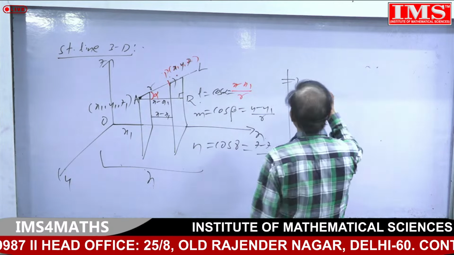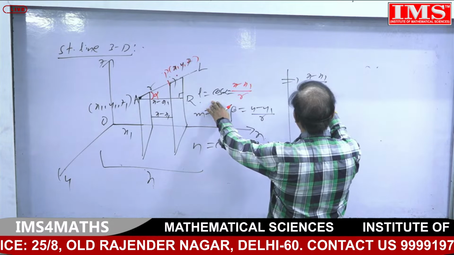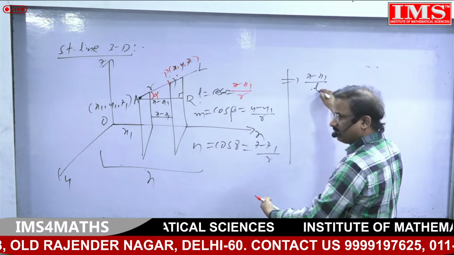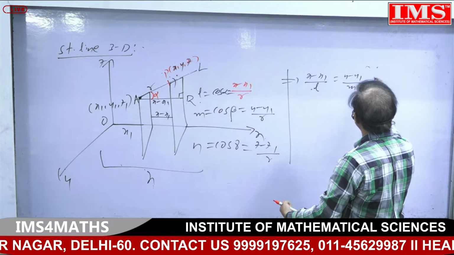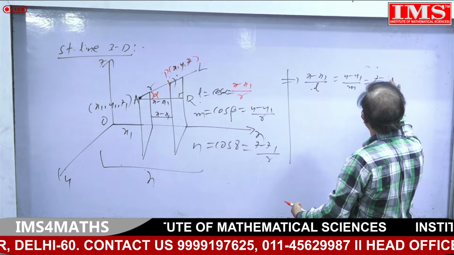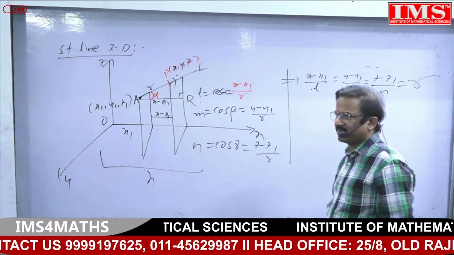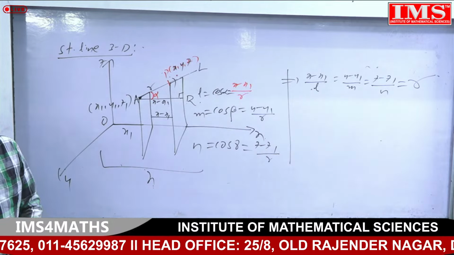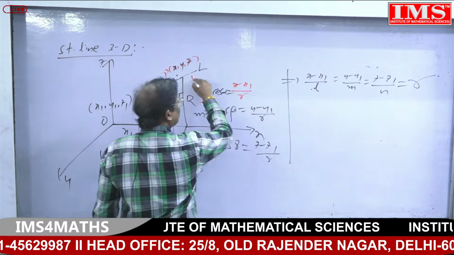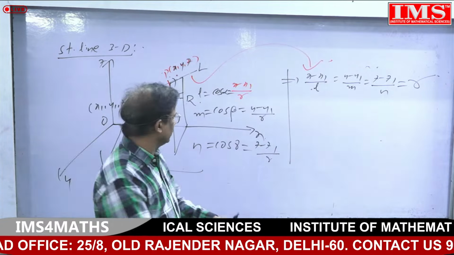Next, what do I speak here? X minus x1 by l, and next here, y minus y1 by m, z minus z1 by n. That is really equal to r, isn't it? But in reality, this line is represented by how many equations here? You tell me. 3.